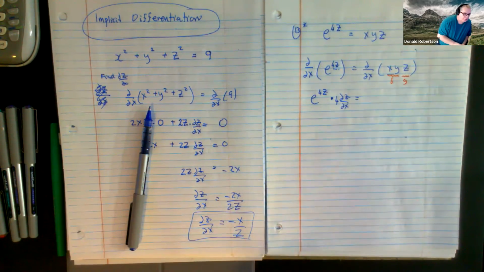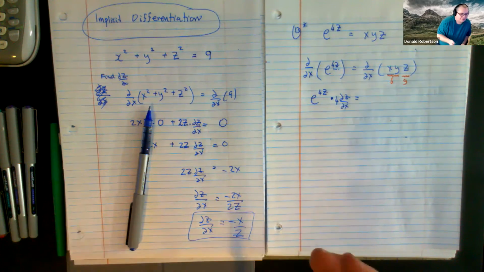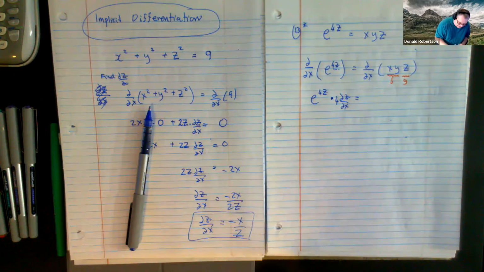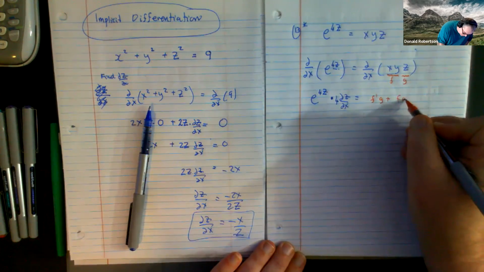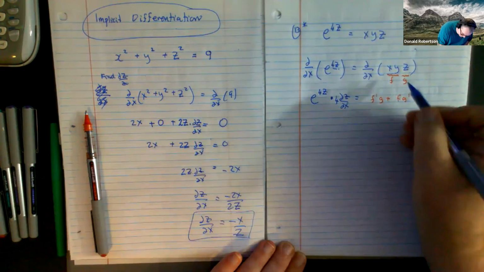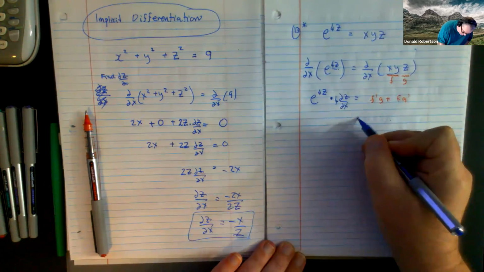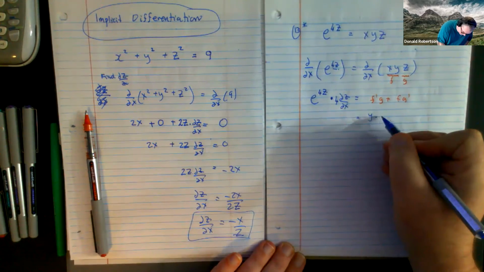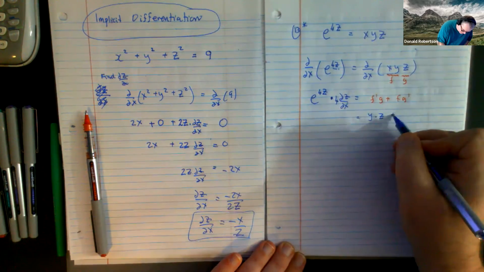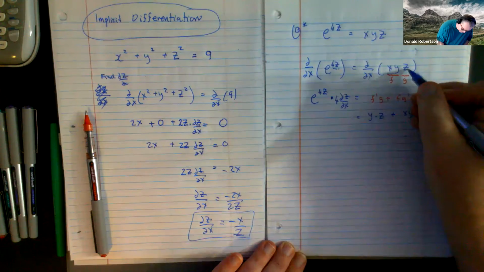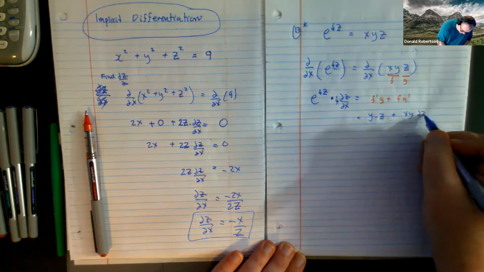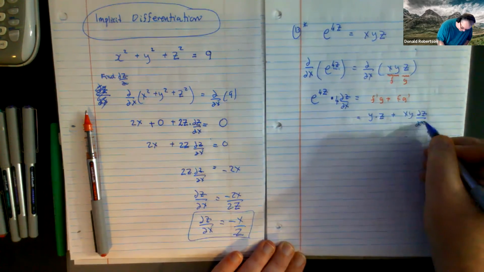Haven't we got two things that have x's in them? One's obviously x, and the z guy has x's in it. So this is going to be a product rule. And if you differentiate x, y, you get y. You leave the other guy alone. Leave this guy alone. And you differentiate z with respect to x, you get dz by dx.